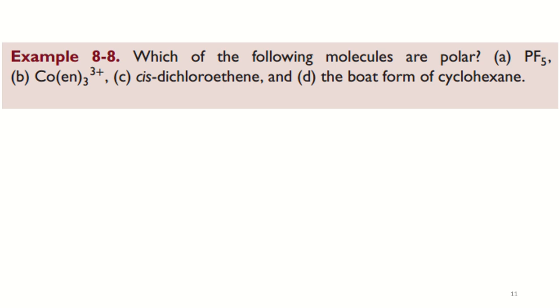In case of sigma, there is no sigma horizontal in either form of cyclohexane. So the point group for boat cyclohexane is C2v, and it is polar in nature.